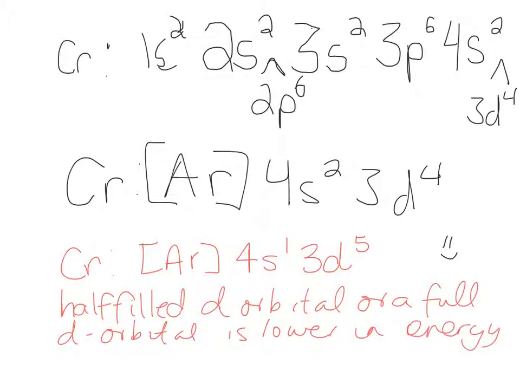But you can only do this if you are 1 short. So you can't do it if you're 2 short of being full. So if you're 4s2, 3d3, that's what you got, okay?